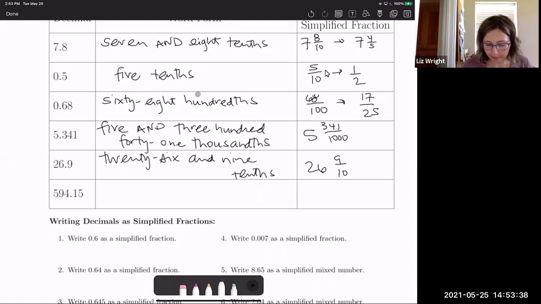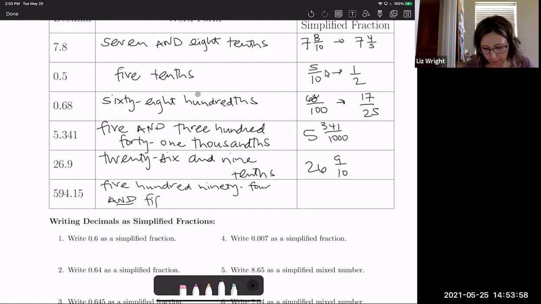594 and 15/100. So 594, and here's your decimal, 15/100.